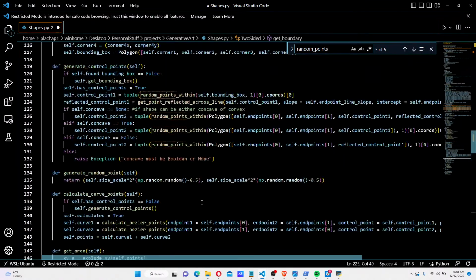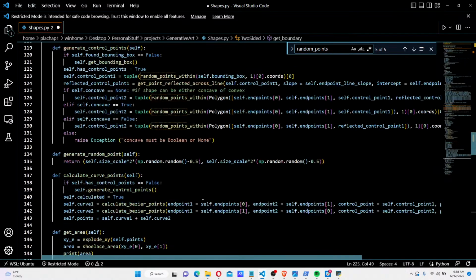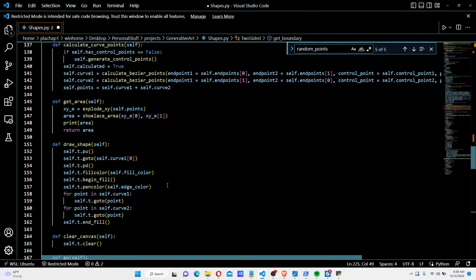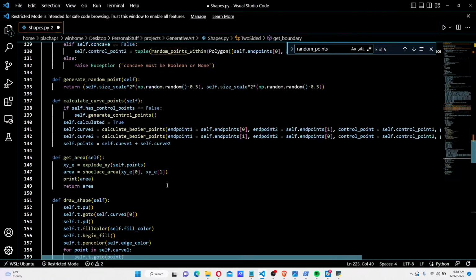Curve 1 and curve 2. Calculate, draw. So when I draw, calculate curve points, self dot points.